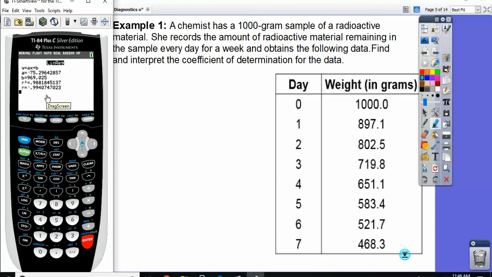Okay, it tells me my line of best fit. If I ask for that equation, it gives you your a and your b. The R we've seen before. If we had R, we can get R squared just by squaring it, but this tells us directly. R squared is 0.9882.